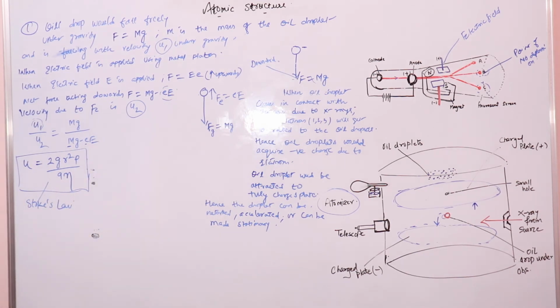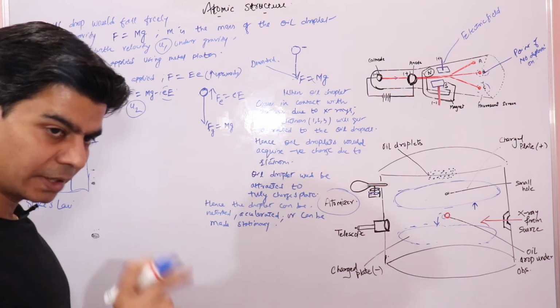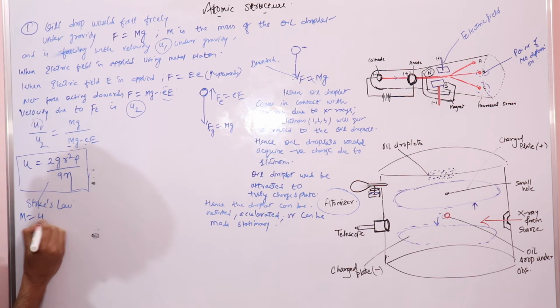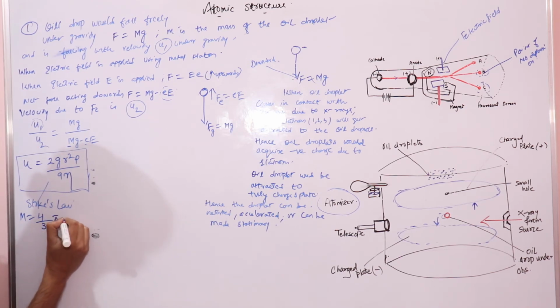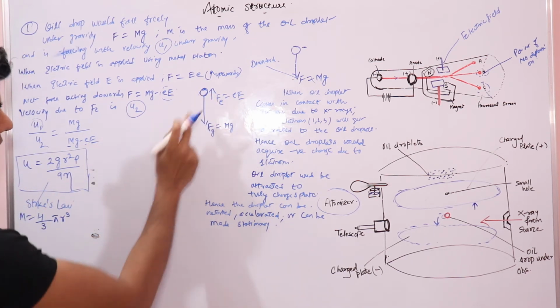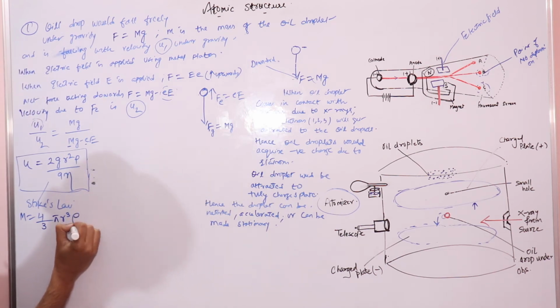And if we consider this oil droplet as spherical, we know that density equals mass upon volume, so mass would be volume into density, 4 by 3 pi r cube rho. R is the radius of this spherical drop and rho is the density of the oil droplet.